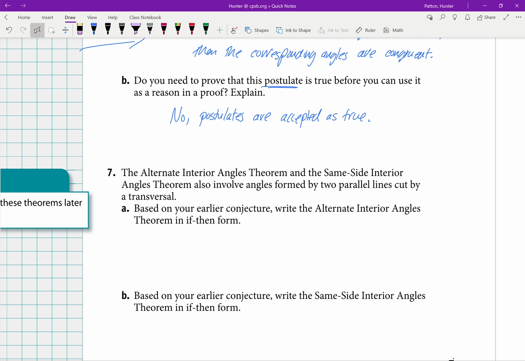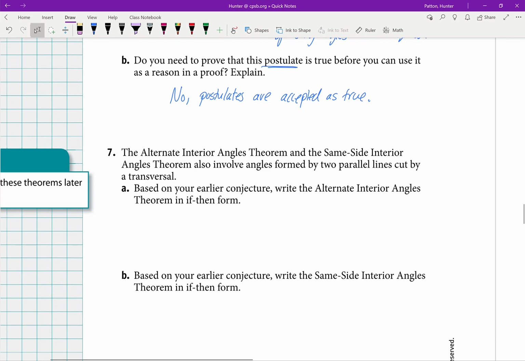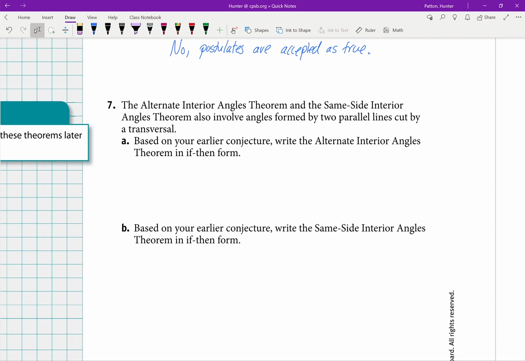Alright, and we're back. I hope you revised your number 7 if need be. If you think you're still correct, let's see. So based on your earlier conjecture, write the alternate interior angles theorem in if-then form. So here we go. Using my format from number 6.